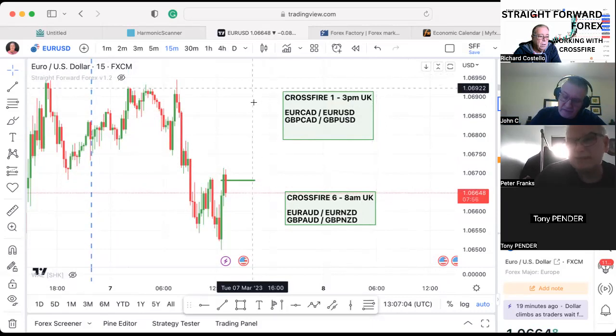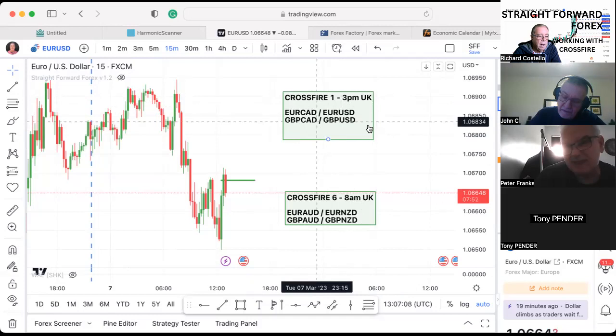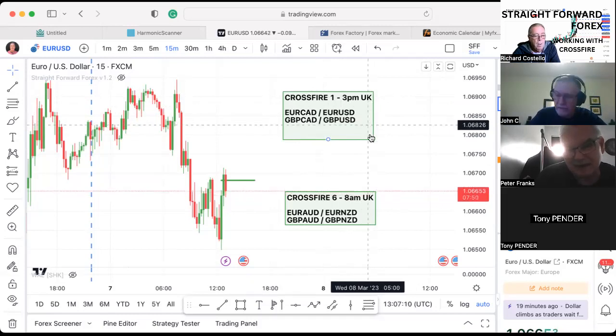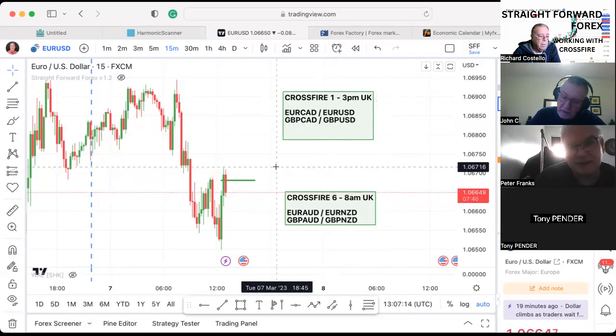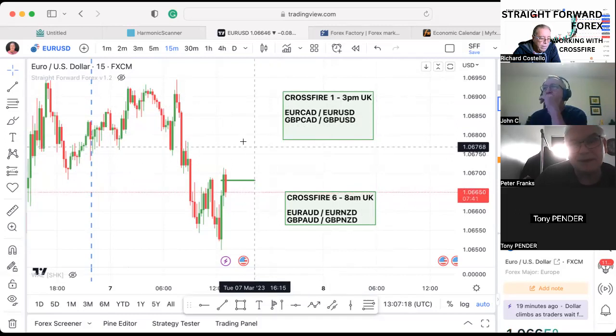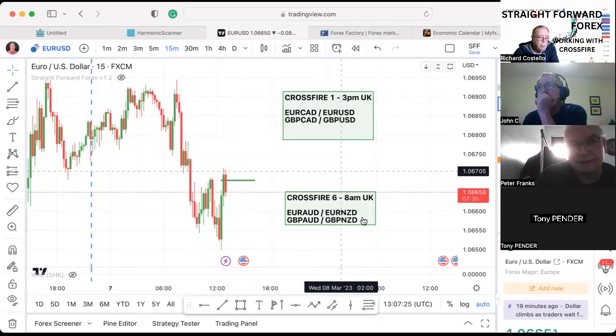Any questions so far? We're looking at these 4 pairs, and generally we wait until the 1 o'clock candle closes before we start to look at either a buy or a sell. So I'm going to remove these.